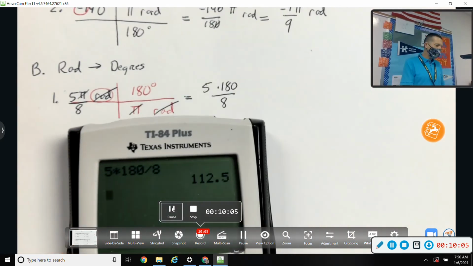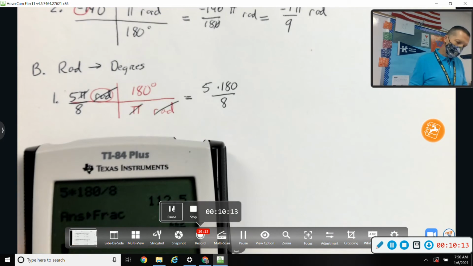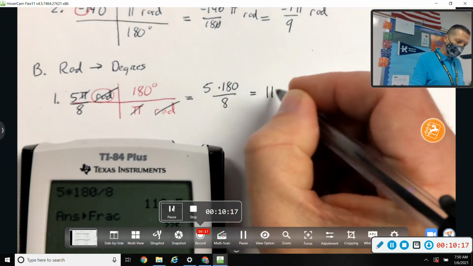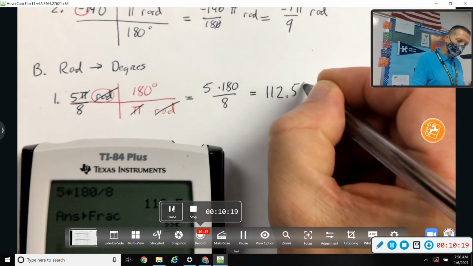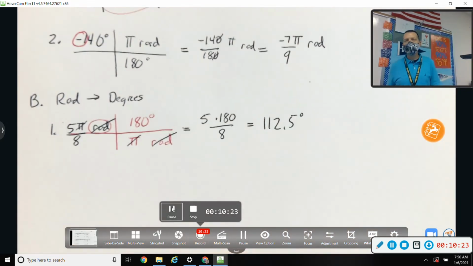So yes, it's 112.5, but let's do the math frac thing. Actually, for degrees, we do like decimals, so let's just leave it as 112.5 degrees. It's the ones with pi's in them that we prefer to leave as fractions.